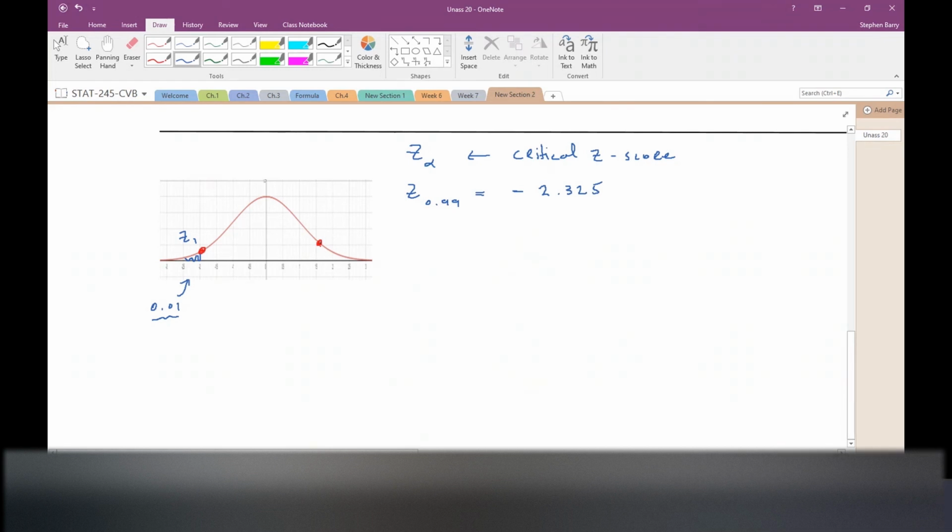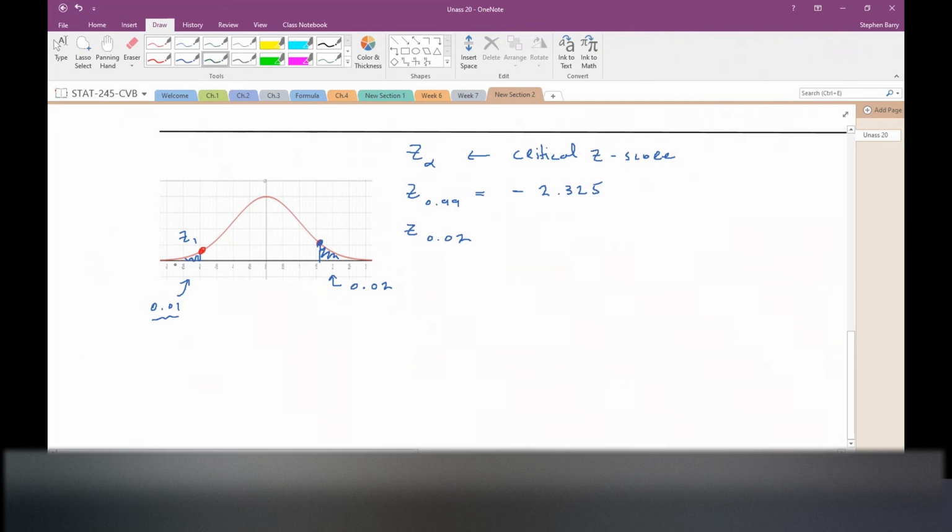And then this Z score here, what's this one going to be? This is a 2%. This is just the area, and that value there is 0.02. So that Z score you could represent as 0.02, because that's the value to the right. So let's look that up. What would that Z score be?